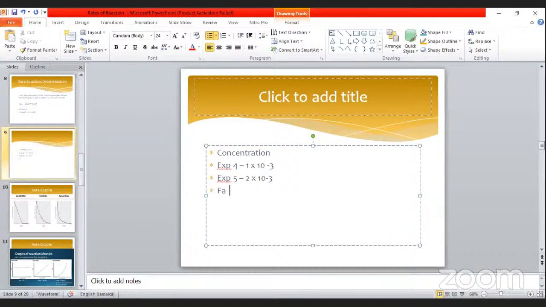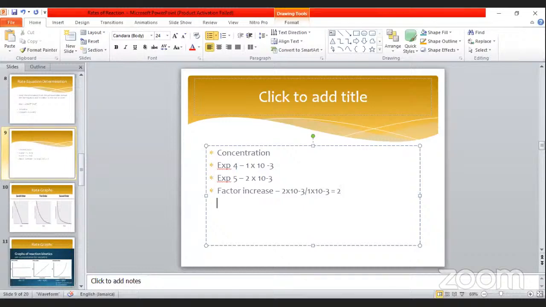If we want to find the factor by which we increase, then we would say 2 times 10 to the minus 3 divided by 1 times 10 to the minus 3. And this would give us a factor of 2. So we have doubled our concentration.